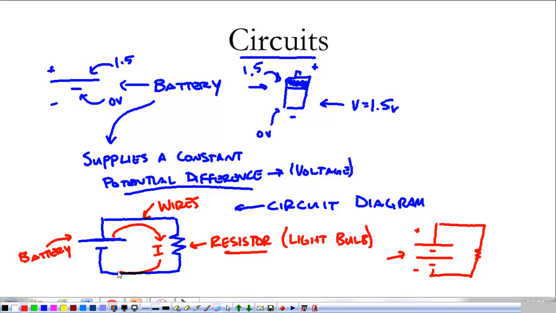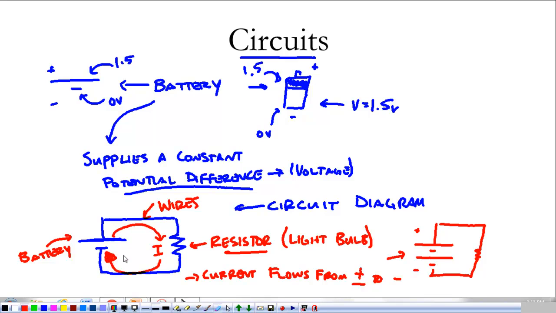The term current, whatever that may be, we're going to say current flows from positive to negative. Okay? Current flows from the positive end of the battery to the negative end of the battery. That's just a rule for current.